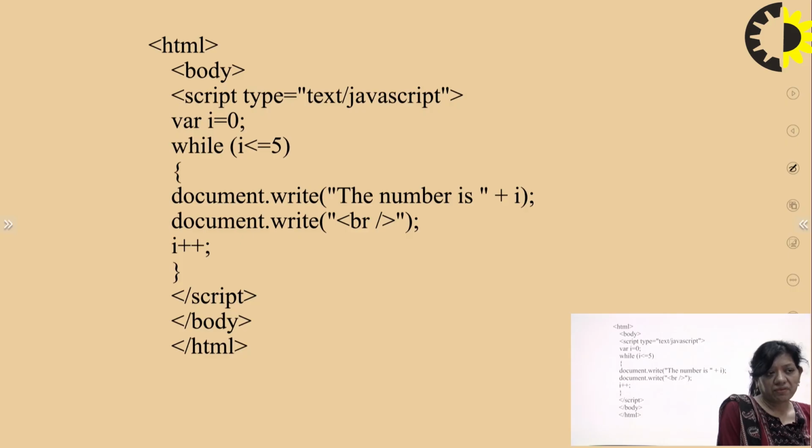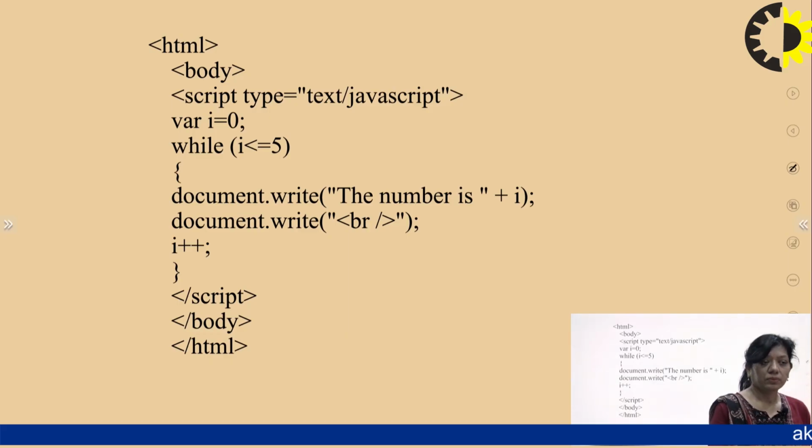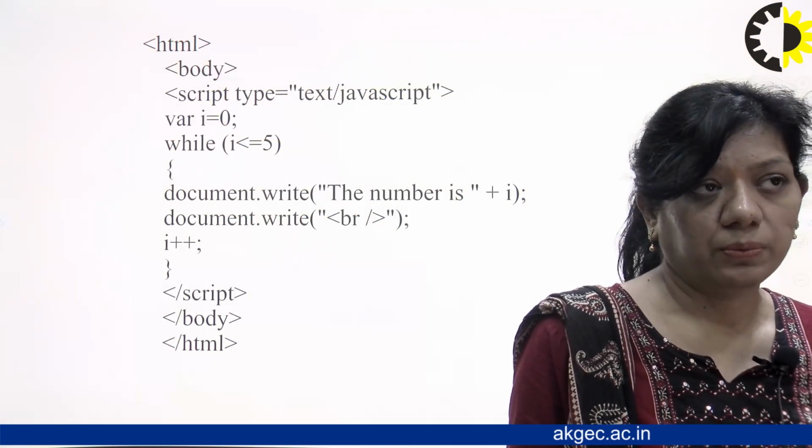We will print the integer value, and when the increment happens again with i plus plus, the value of i would become 6, and then when we enter the loop, 6 is less than or equal to 5, the condition is false, and then we will terminate the loop and our program is over. So this is all about the working of the while loop.